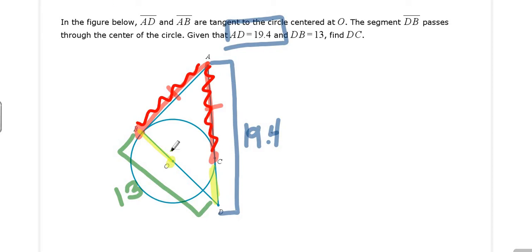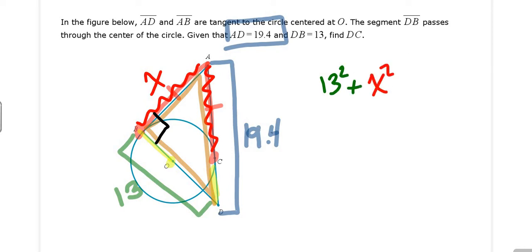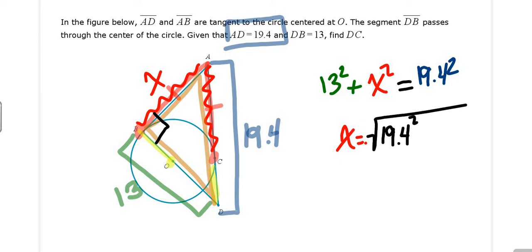So what you need to notice here is that if tangent to a radius, right angle at the edge. Got a right angle there. So we're going to go 13 squared plus x squared equals 19.4 squared, which means our unknown is the square root of 19.4 squared minus 13 squared.